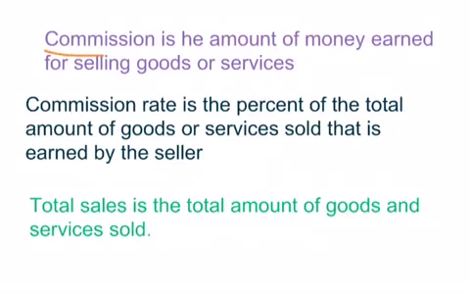We have commission, commission rate, and total sales. So commission is something that some of you will experience in your lives and some of you won't. It's like when a car salesman sells a car, they make a percentage of money from the total sales of that car.